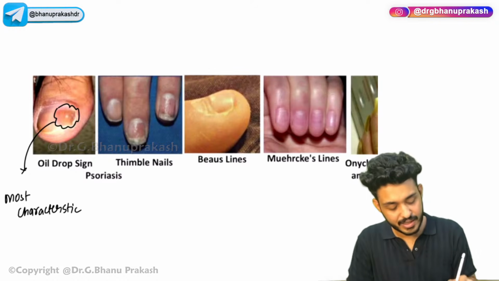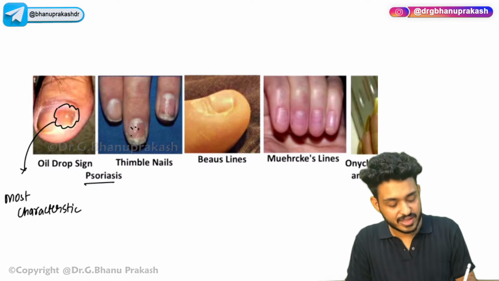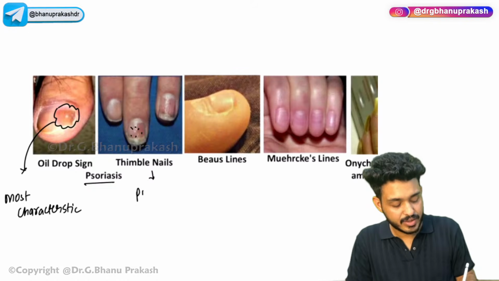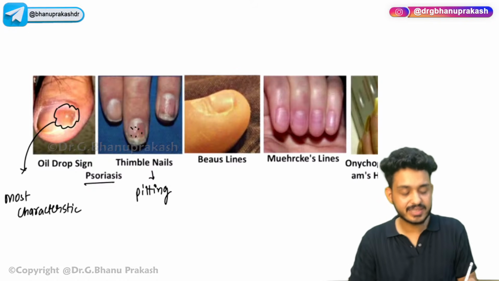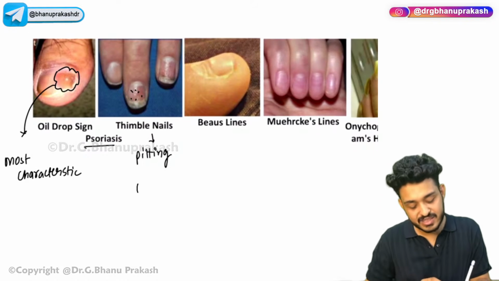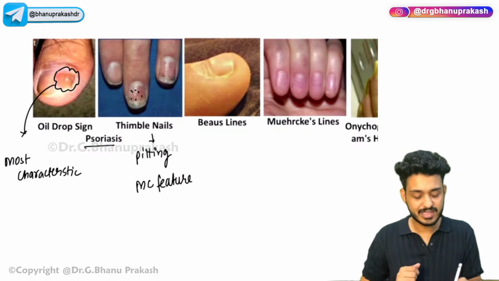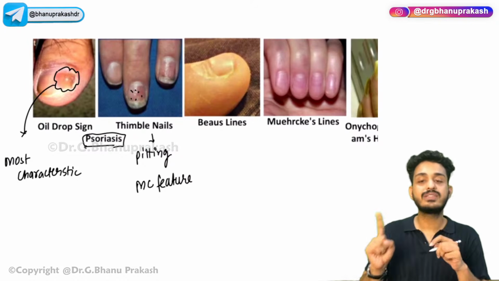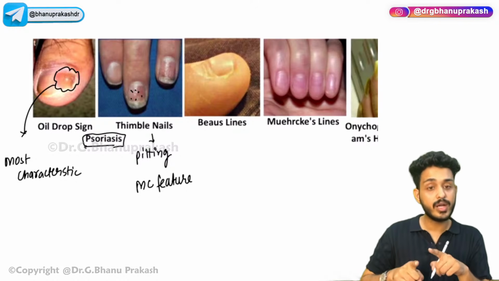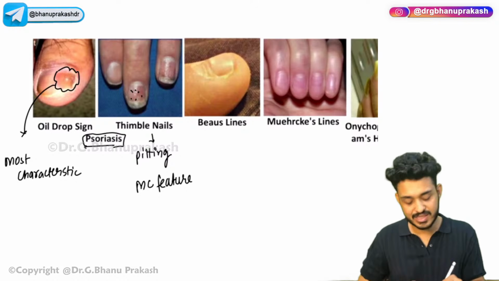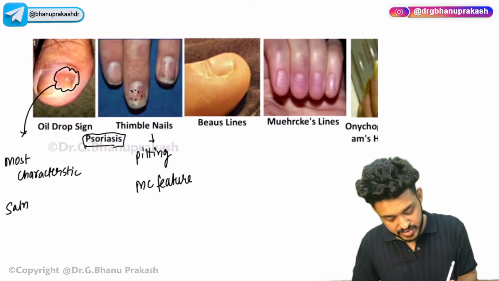You will be finding it in psoriasis, and this is your thimble nail or pitting. What kind of pitting, sir? Irregular pitting, and that is the most common feature. So two things about psoriasis you know now. First thing, the most characteristic lesion is the oil drop sign, a multiple times asked question. This is also known as salmon patch.